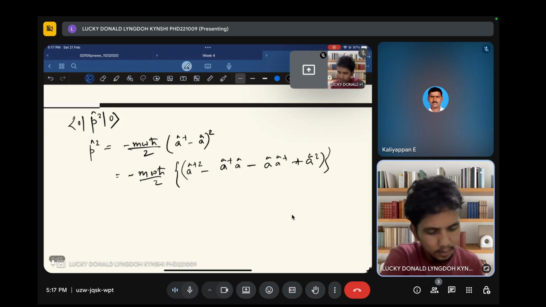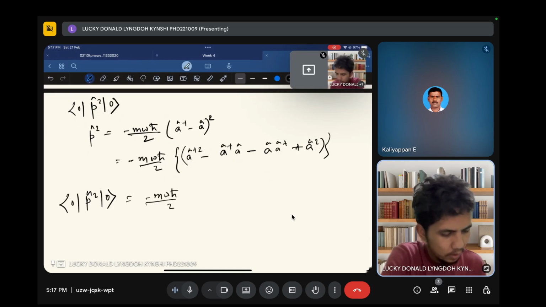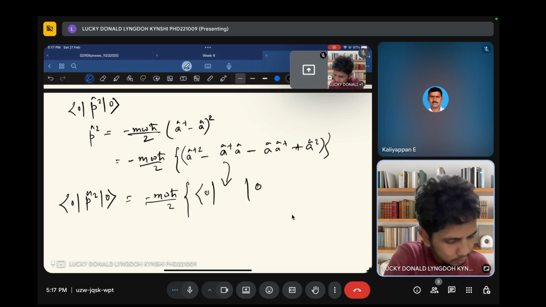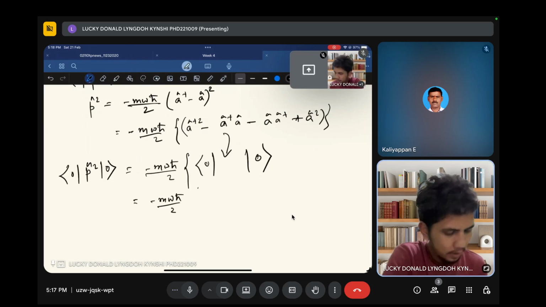Okay, and here now <0|p cap square|0>, what will happen? You will get minus of m omega h cross divided by 2. Again, you will need to expand this one. You just need to put 0, right, and then this term here, and then again 0. Then you do the same thing like we did in the x cap square. You will get something like minus m omega h cross over 2, and you'll get <0|...|0> again, and minus 0.